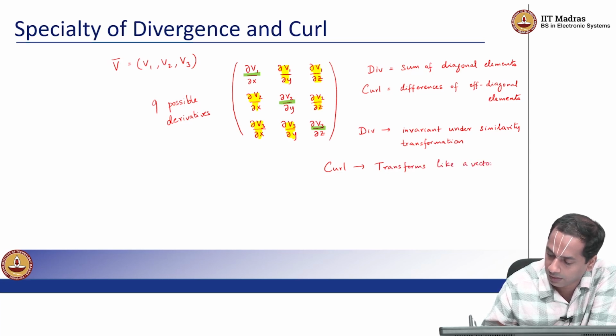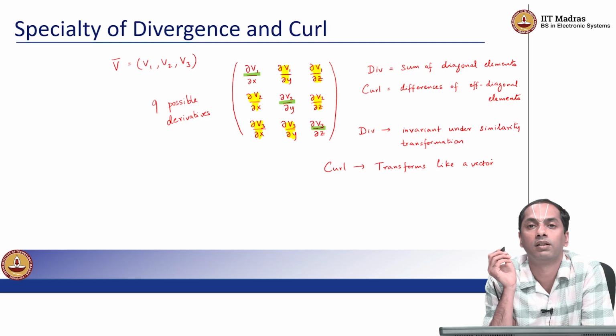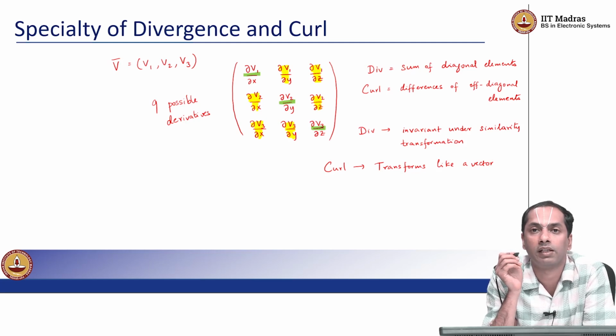The statement that the curl transforms like a vector indicates a very special kind of transformation rule.